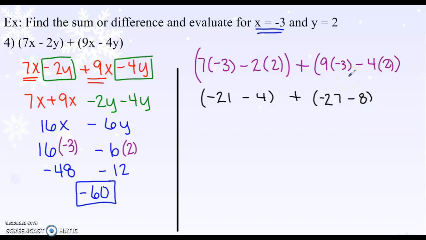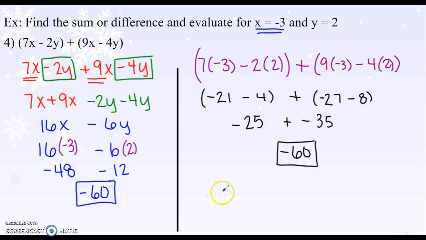So we're going to combine our like terms inside our parentheses, and we've got all constants here. So we've got negative 25 plus a negative 35, and when we add that together, we get negative 60. Same answer, 2 different ways of doing it, and it's your choice which way you'd like to do.